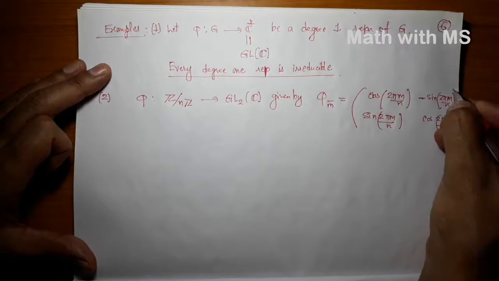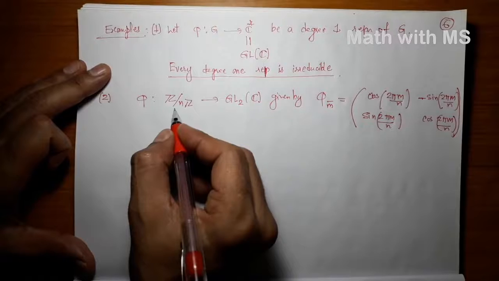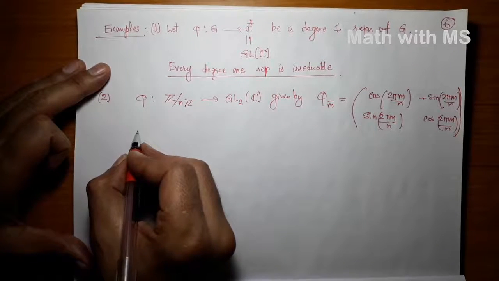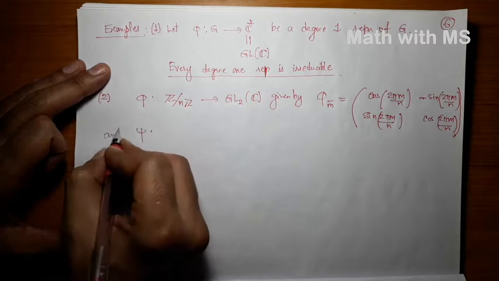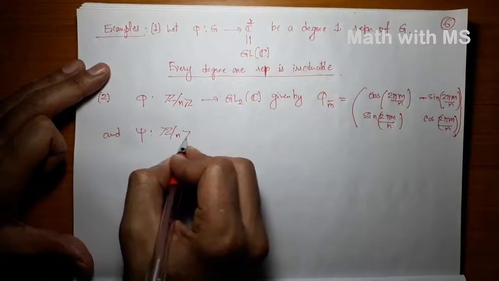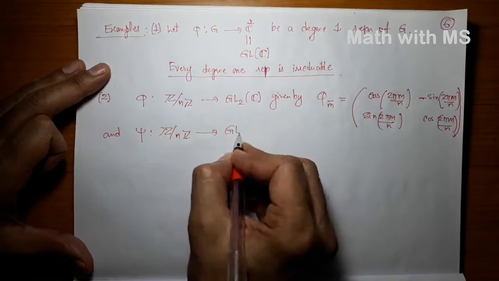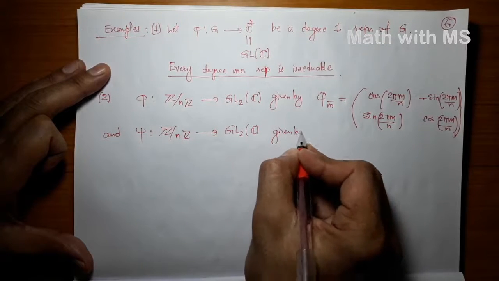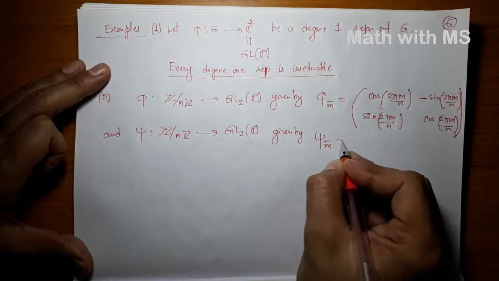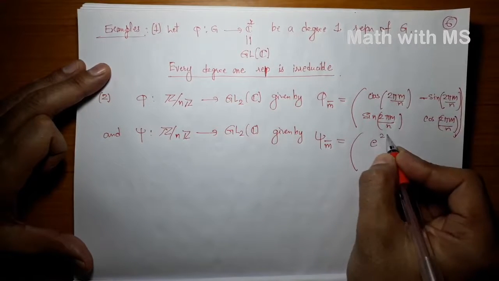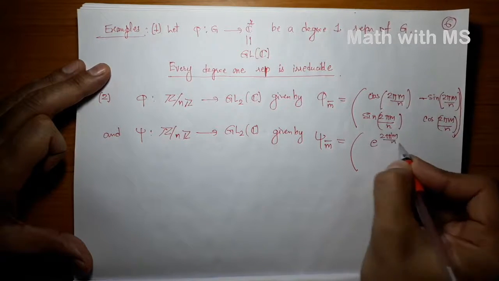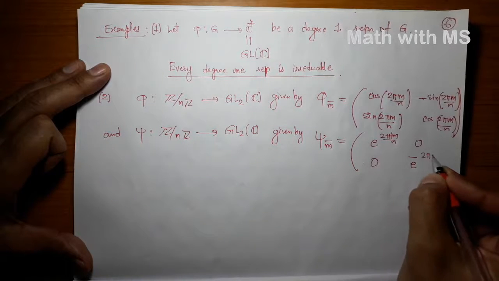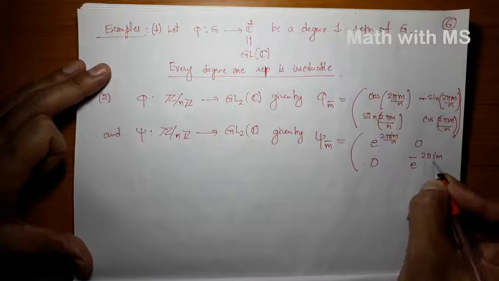Consider this degree 2 representation of the cyclic group of order n. Also let me recall the other one, psi from Z mod nZ to GL2C given by psi of m bar equals the diagonal matrix e to power 2 pi i m by n, 0, 0, e to power minus 2 pi i m by n.